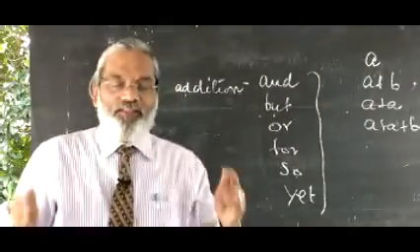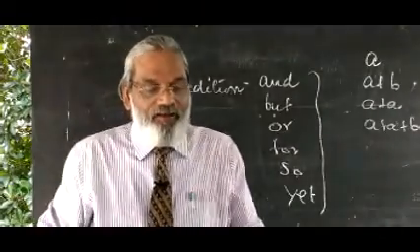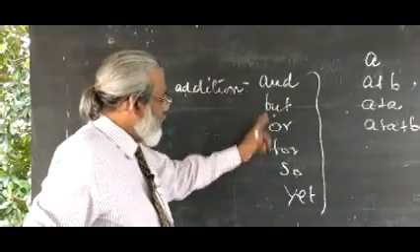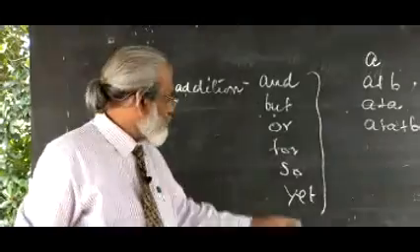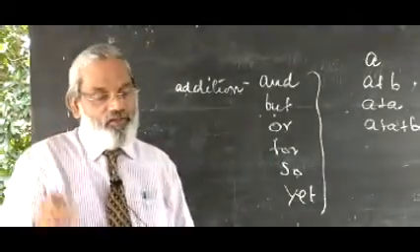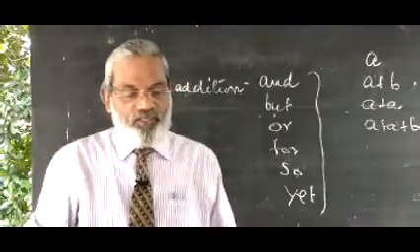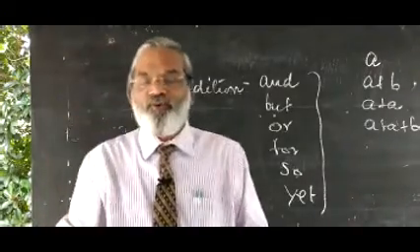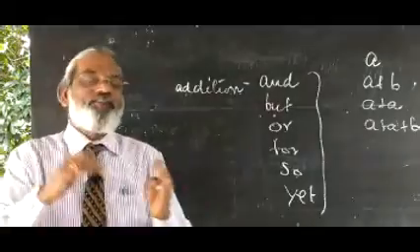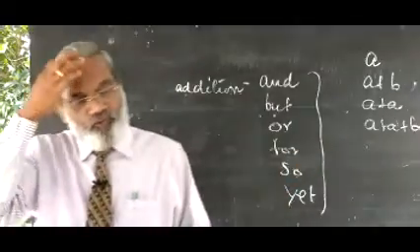Otherwise we say its meaning is addition. Whereas but and yet show contrast. For stands for reason. Or stands for choice. And so we use for effect: what is the result of something, we use so.